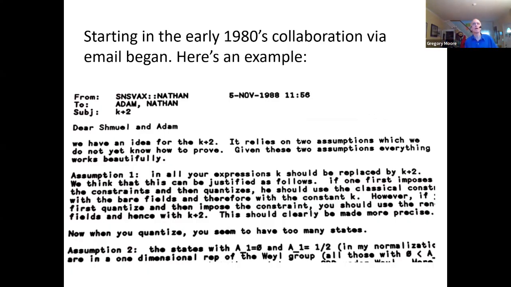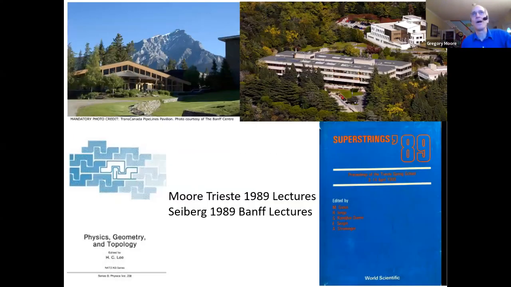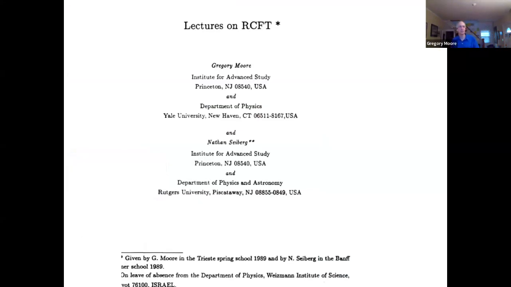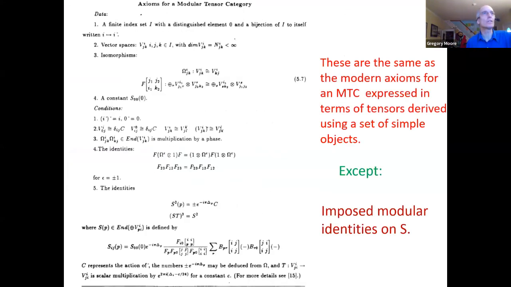So in the summer, we lectured on all of this subject, from the mountains to the oceans. Nadi was lecturing in Banff, and I was lecturing in Trieste. And we wrote some lecture notes, which carefully describe axioms for a modular functor of Segal, and also introduce the axiom system for a modular tensor category.